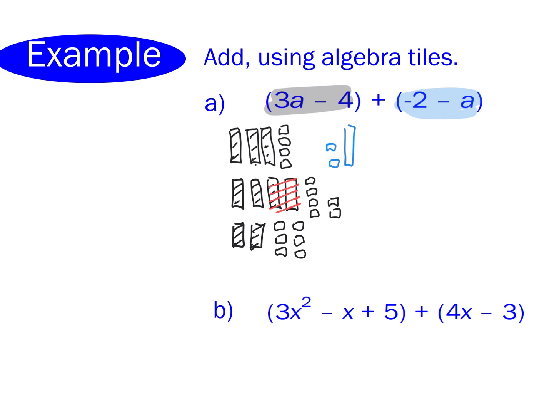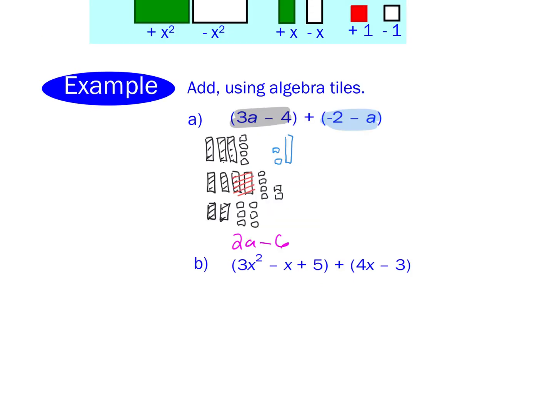If we put that back in symbolic form, what do we got? 2a minus 6. And that's how we add polynomials using algebra tiles.